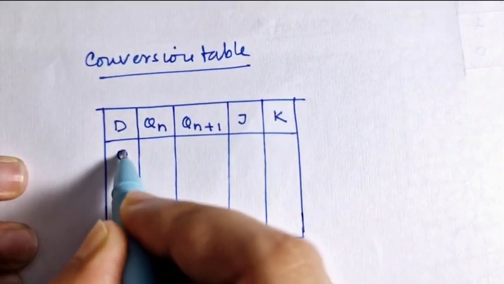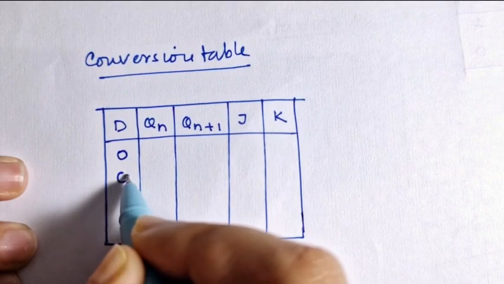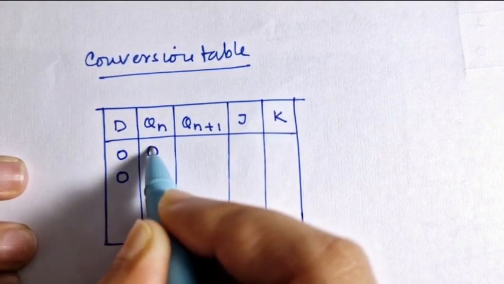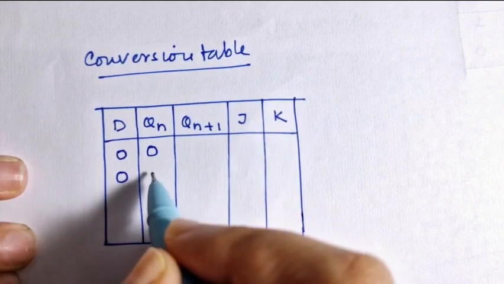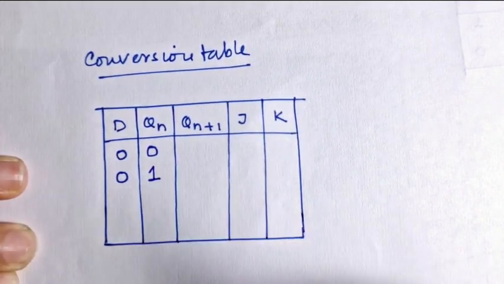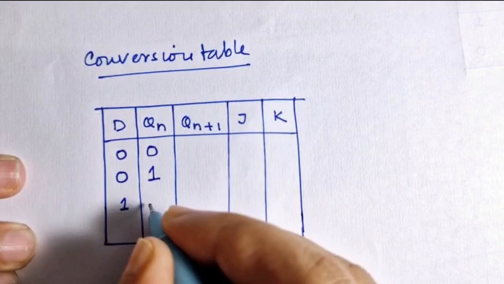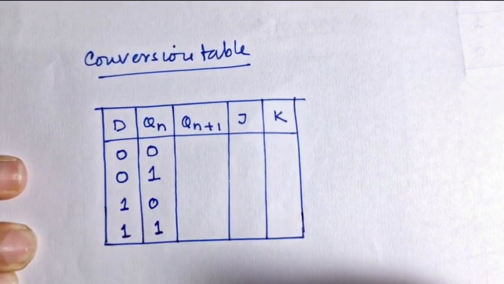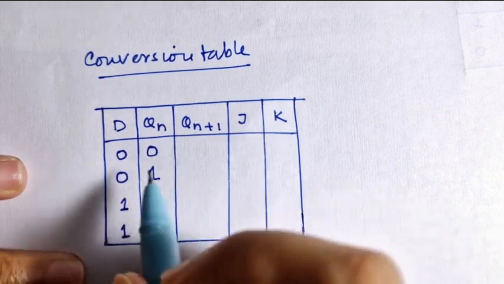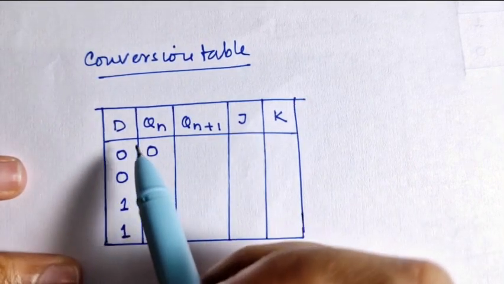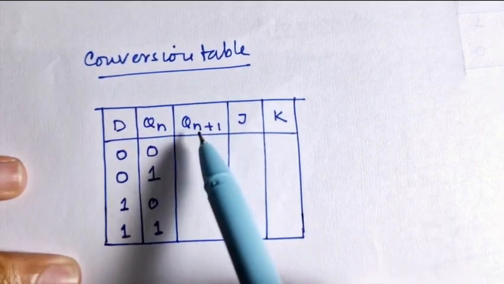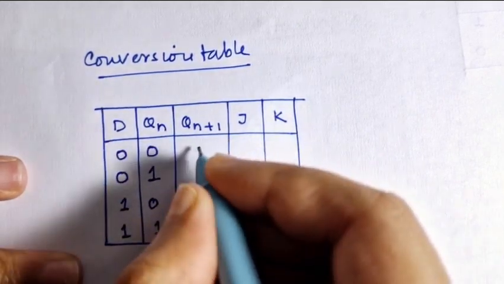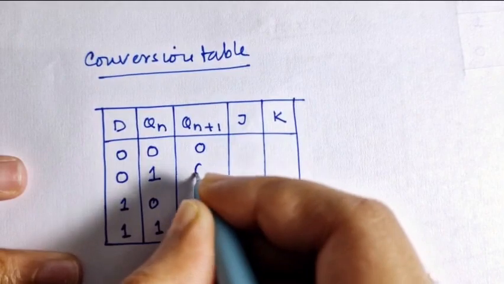For the D input 0, Qn has 0 and 1 combinations, and for D input 1, again Qn is 0 and 1. Now we know it's a trick that in the D flip-flop, Qn plus 1 follows the same sequence as the D input column, that is 0, 0, 1, 1.